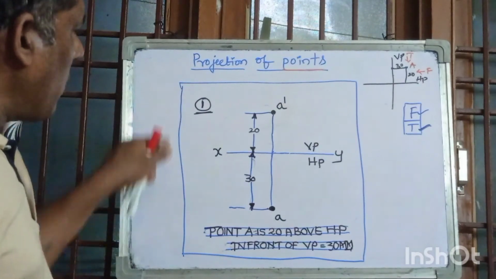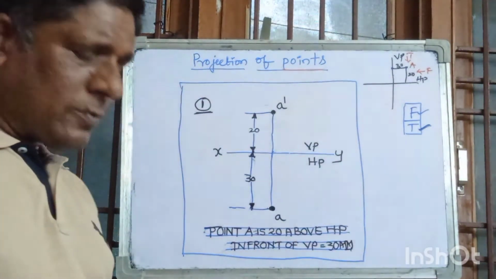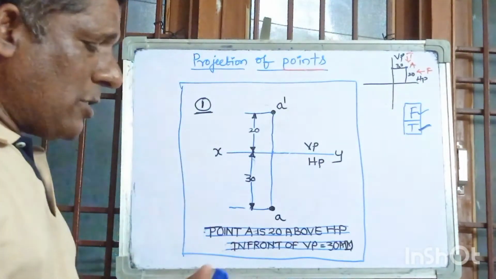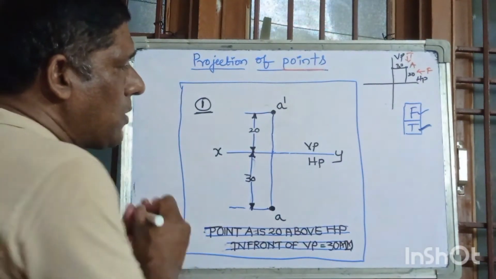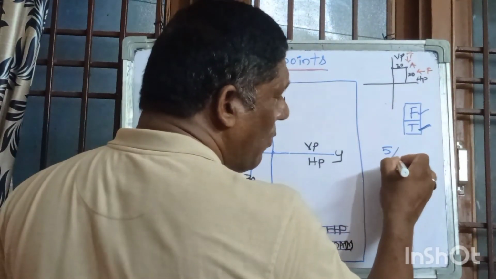That is your option. If you draw like that clearly, suppose this question is 5 marks, you will get 5 out of 5.